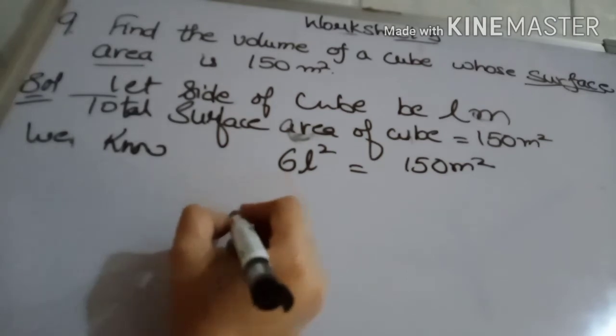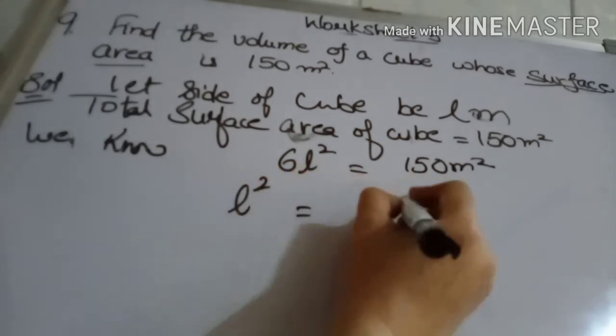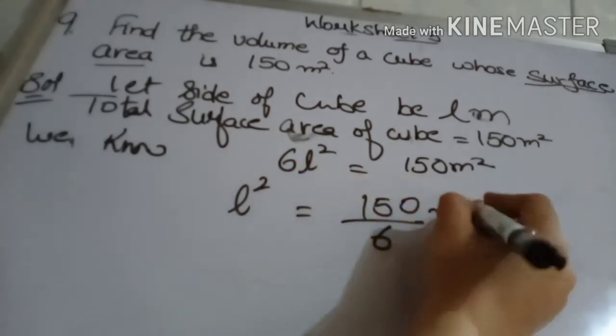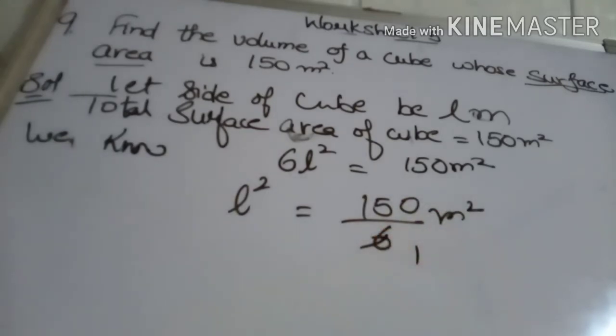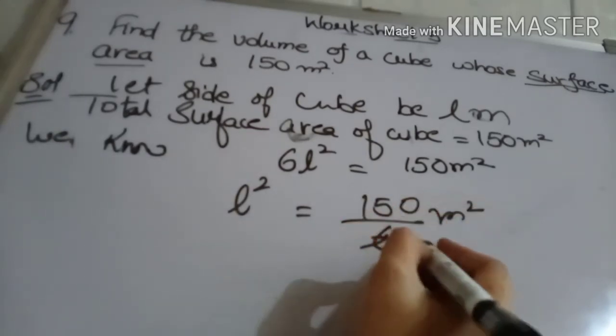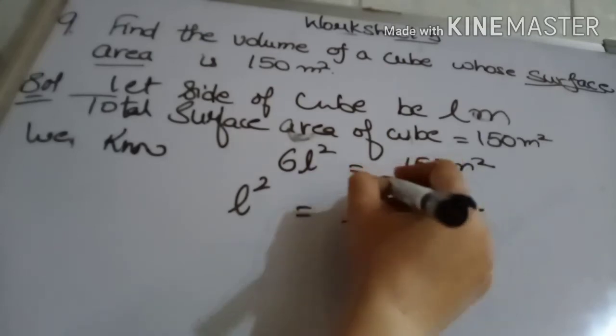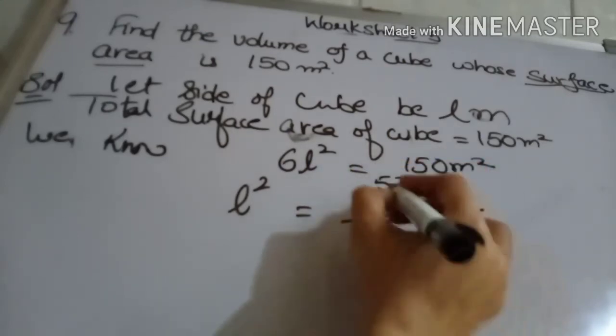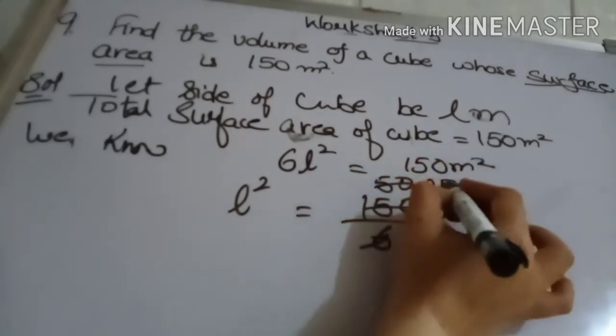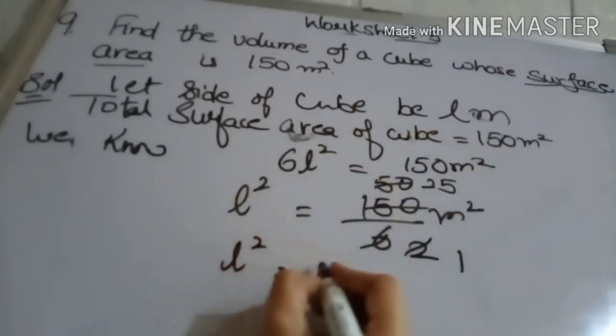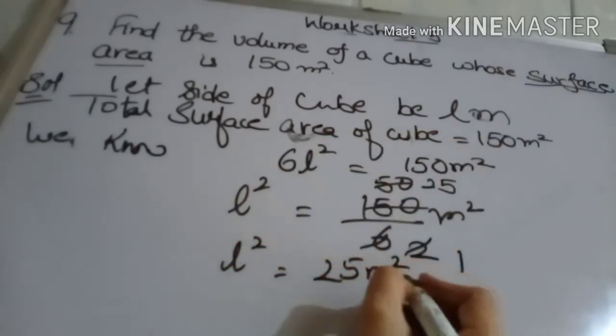So 6L square, L square is equal to 150 upon 6 meter square. We divide by 6: 6 twos, 6 threes are 15, 0, 6 fives are 30... L square is equal to 25 meter square.